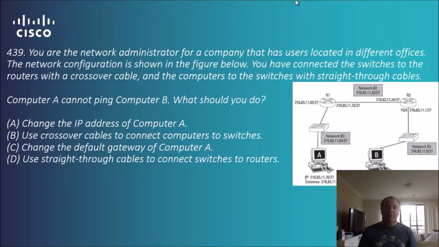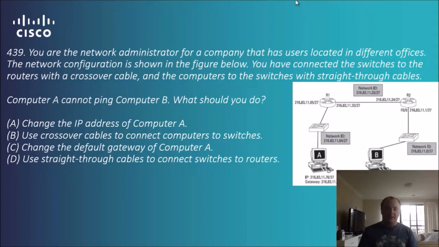439, you are the network administrator for a company that has users located in different offices. Network configuration is shown in the figure below. You have connected the switches to the routers with a crossover cable, and the computers to the switches with straight through cables. Computer A cannot ping computer B. What should you do? Change the IP address of computer A, use crossover cables to connect computers to switches, change the default gateway of computer A, or use straight through cables to connect switches to routers.